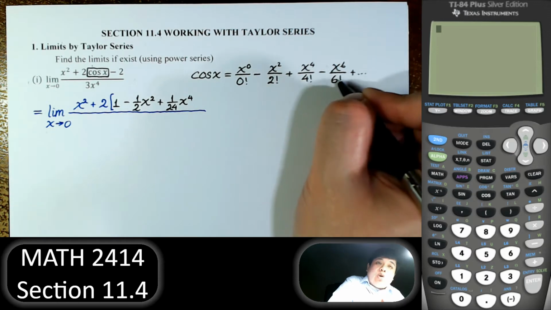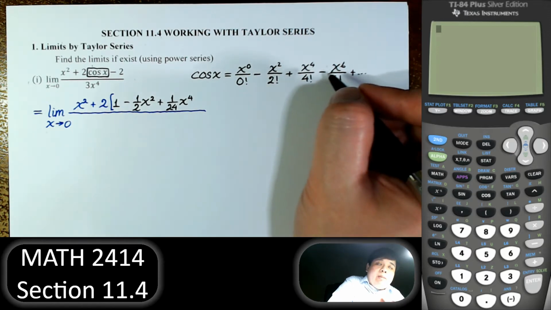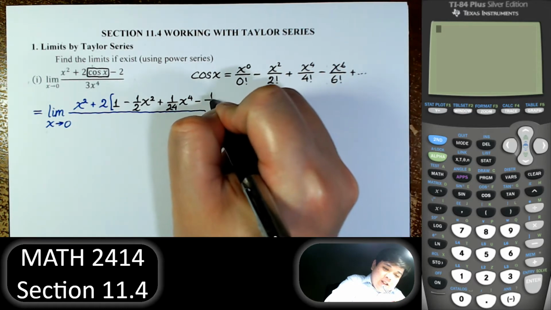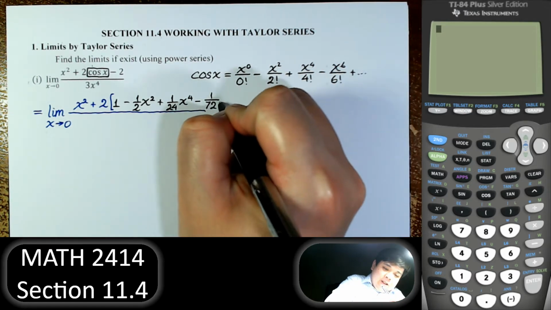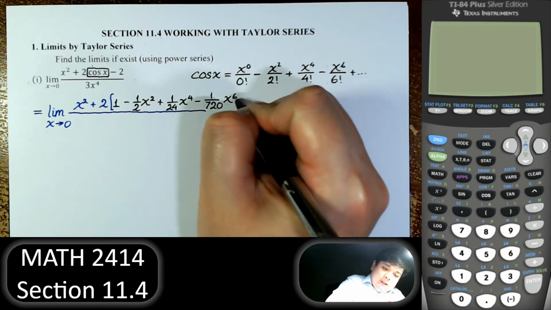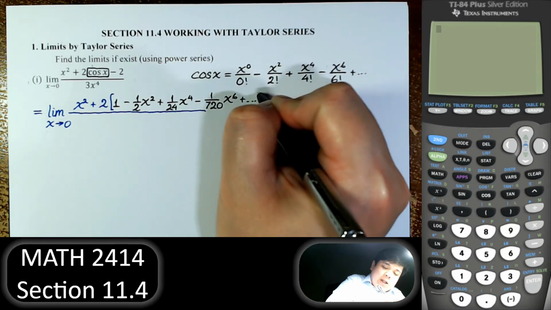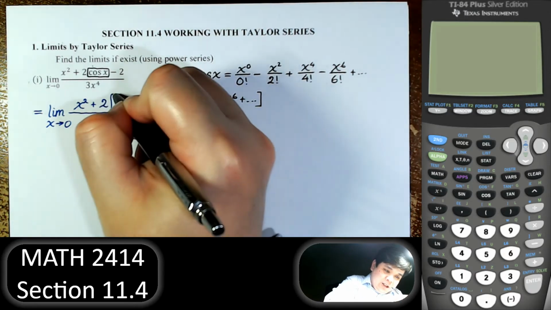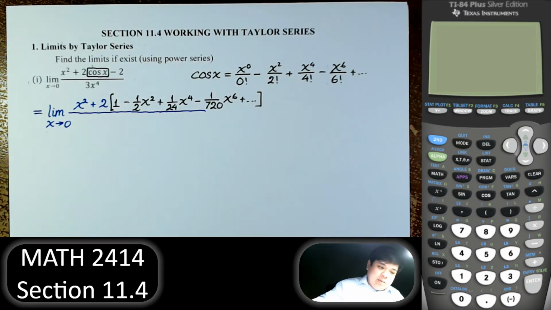And 6 factorial is 720. That could go on forever. So that's the series for cosine.